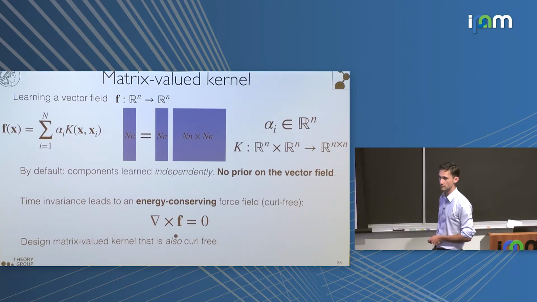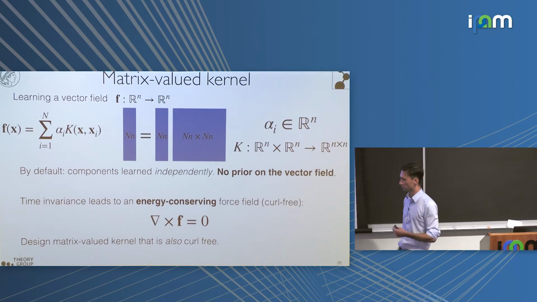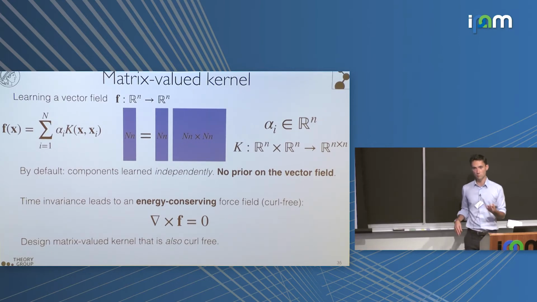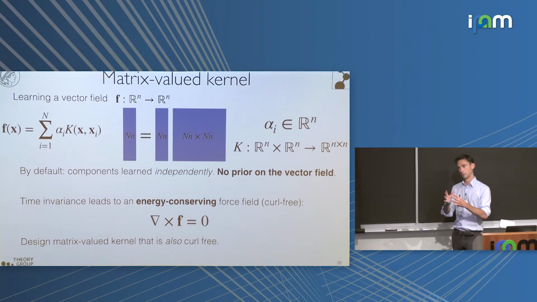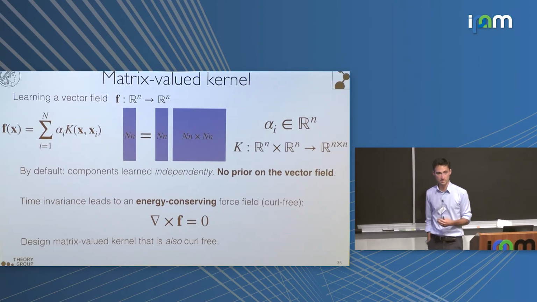So the curl of the force must be 0. And so what you would like, in the same idea as before, is to design a kernel that is also curl free. So if you work with a subclass of kernels that enforces this curl-free property, then you can be sure that you will have a force field that is energy conserving.